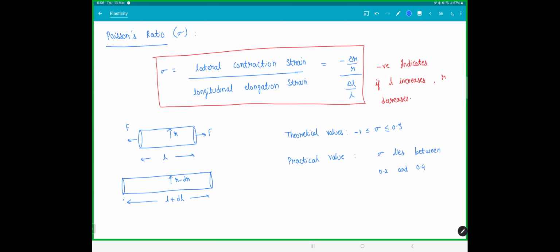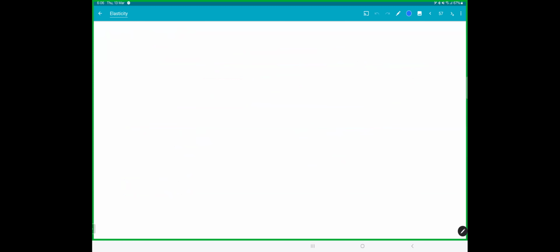Clear? So how will the numerical be? They will give you something like this. We have a cylinder, F is equal to 100 Newton on both sides. What will be the tension in the rod? 200, 0, 100, right?